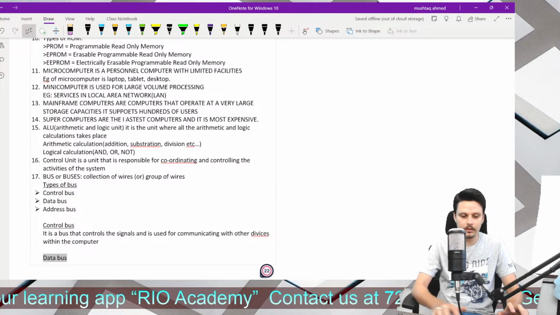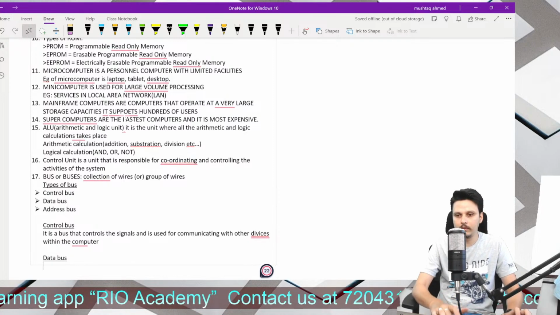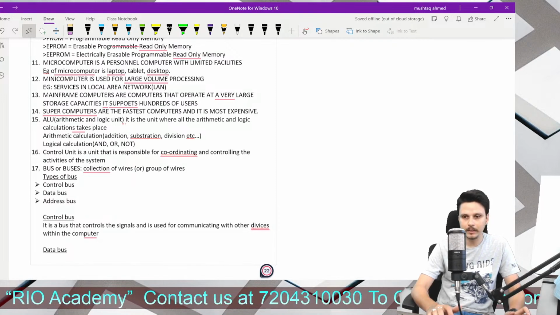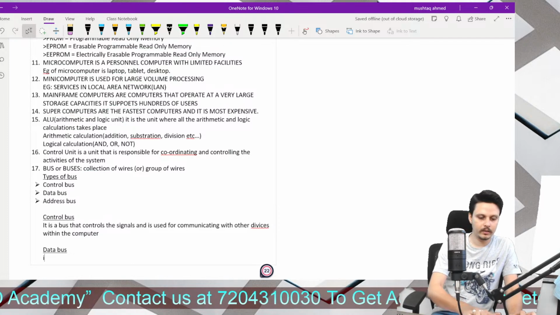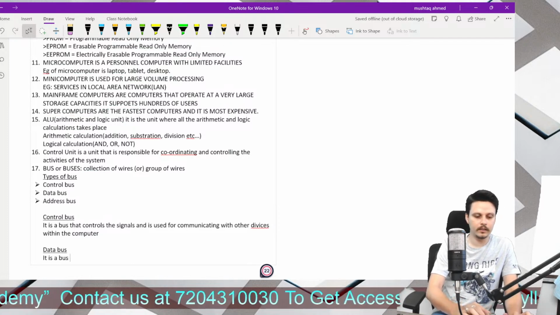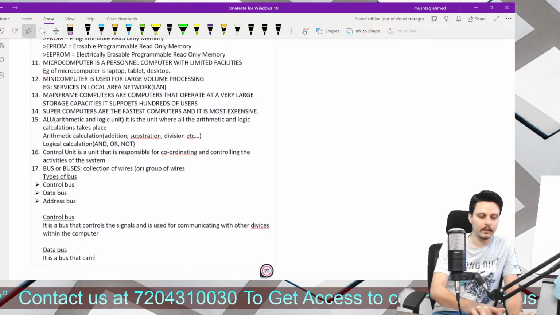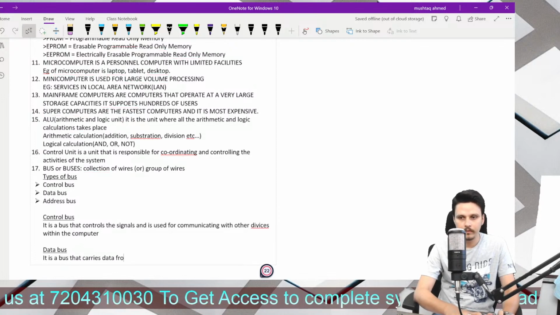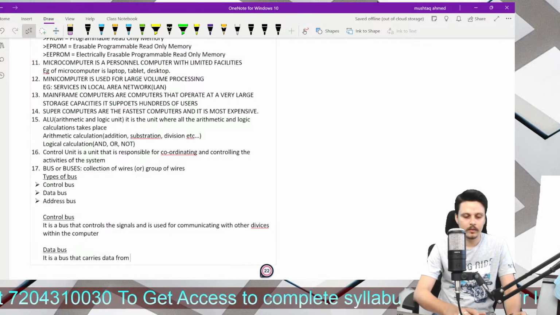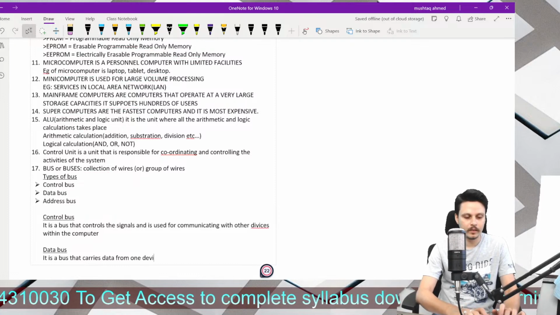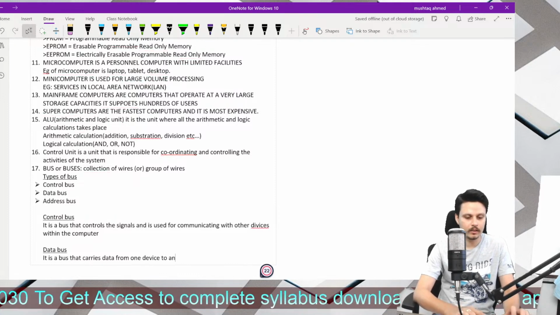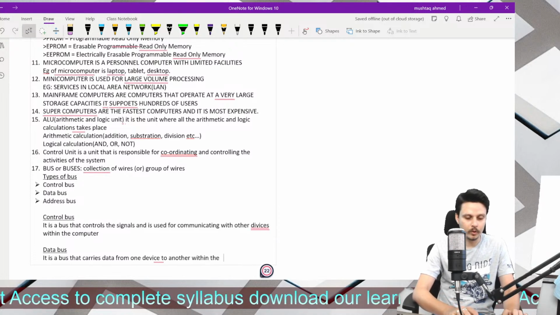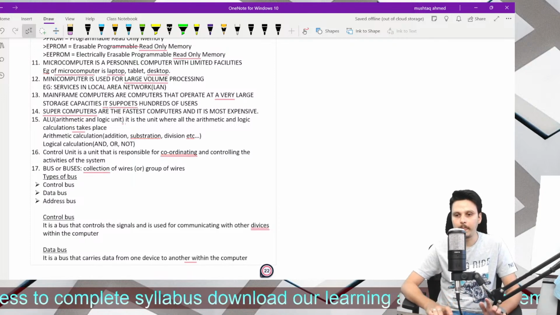Data bus is a bus that carries data bits from one device to another within the computer or within the system.